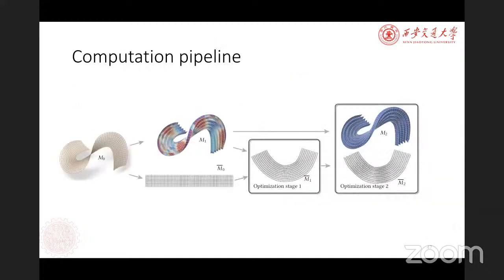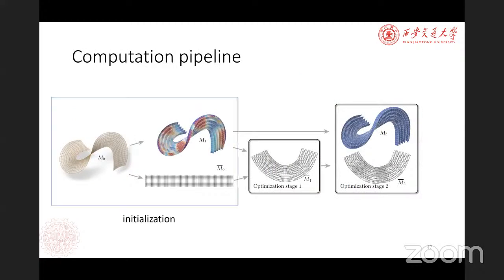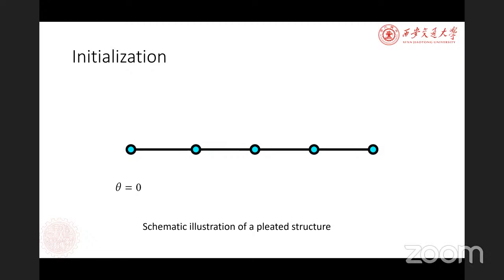The whole computation pipeline includes two major parts. One is the initialization based on the pseudogeodesics, and another is the optimization part. Here we show the initialization. We initialize the pleated structure based on pseudogeodesics. Here these red circles represent some pseudogeodesic curves.